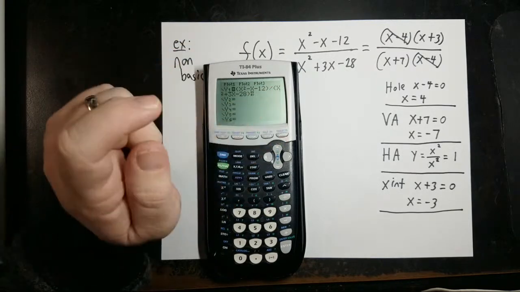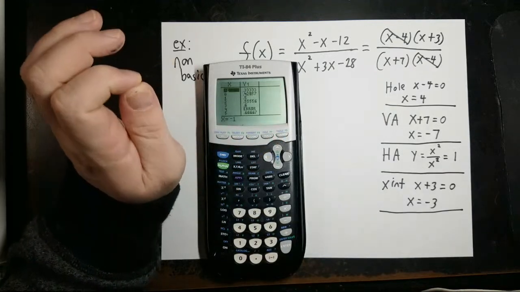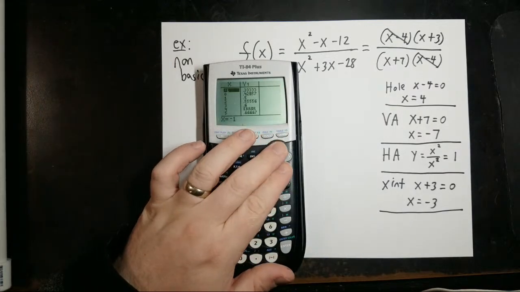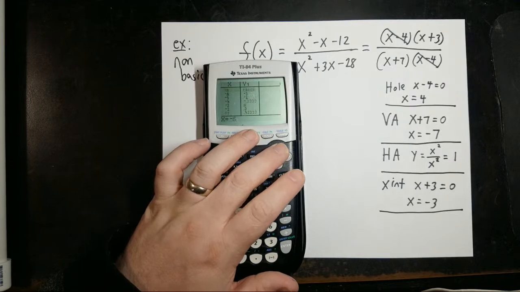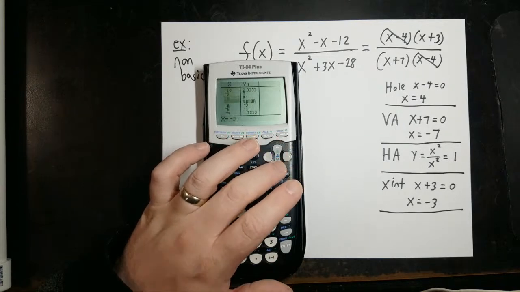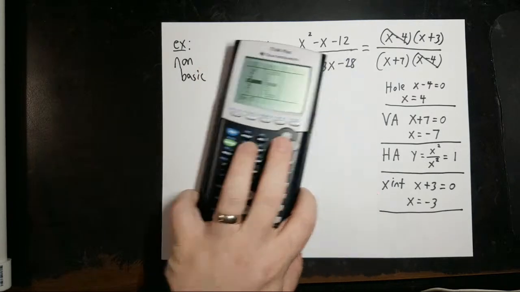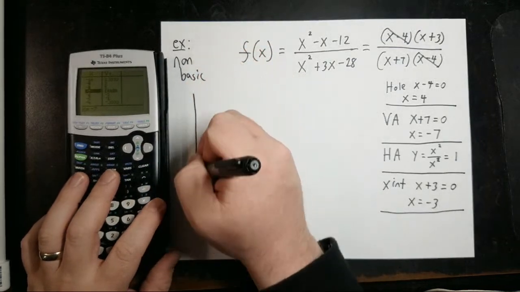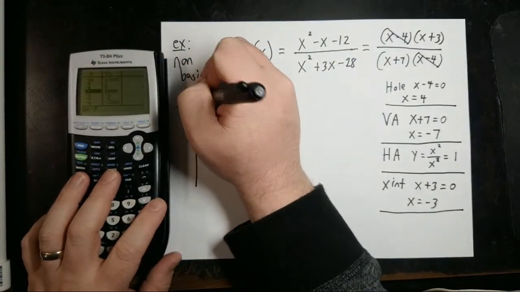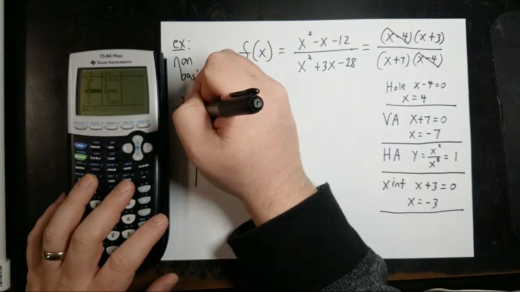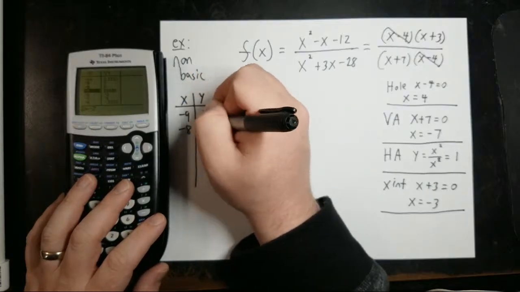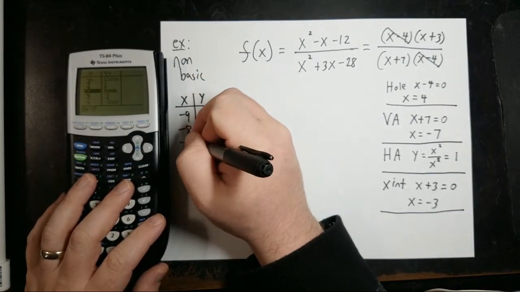Let's go to the table of values. I don't want to look at the graph just yet. My vertical asymptote is at -7, so there are some numbers that I absolutely do need. Let me put this little table of values over here. This table of values may be a little bit more than what I'm used to, only because of that hole. We'll deal with the hole in a little bit.